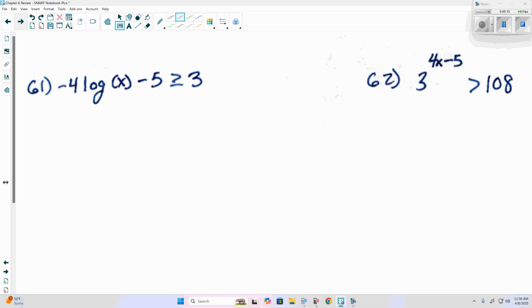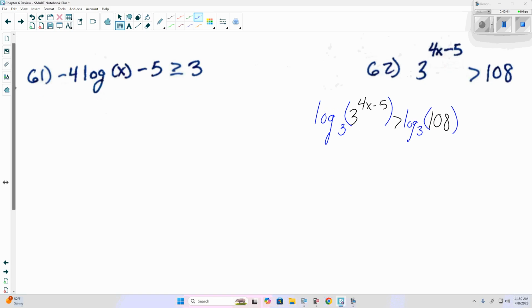So 62, 3 to the 4x minus 5. We need that 3 to the 4x minus 5 by itself, and it is. So to get the variable out of the exponent, we're going to apply log base 3 to both sides.